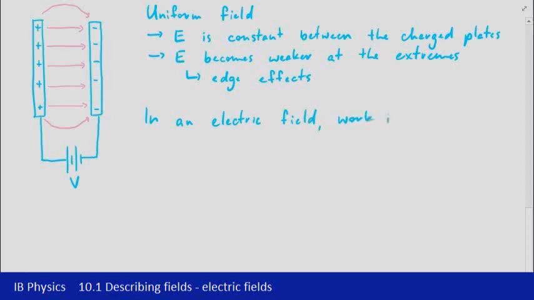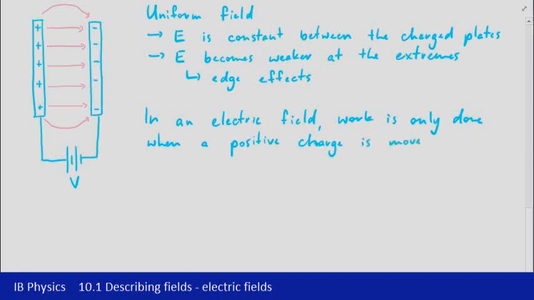So if we'll deal with a positive charge, given that electric fields are about what happens to a small positive test charge, if we were to move a positive charge against the field, that's when work is going to be done.